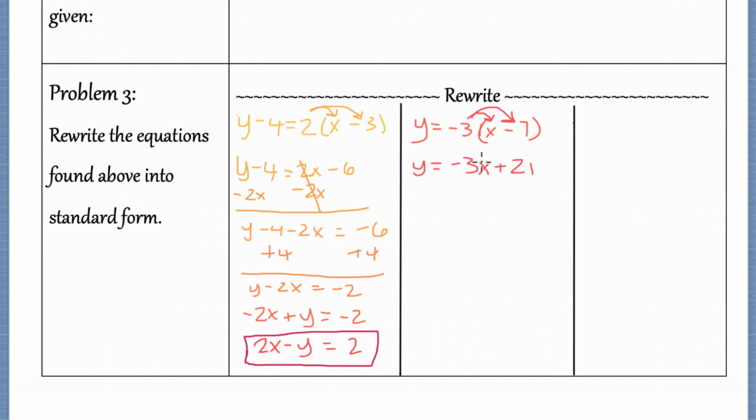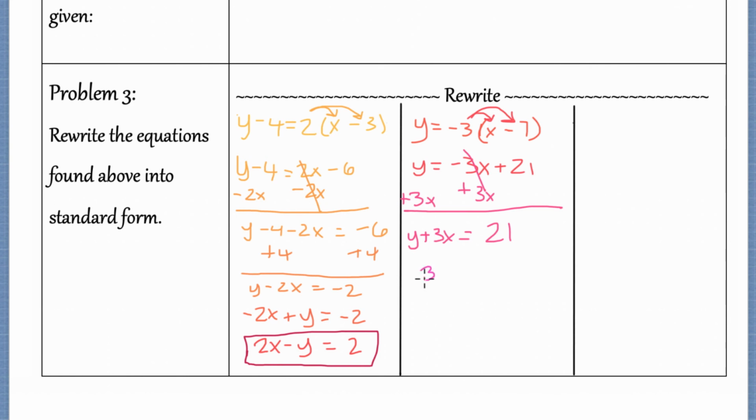Now that we have this, we want to move the x term to the left side. So I'm going to do that by adding 3x to both sides. And that's going to give me y plus 3x is equal to, that's just going to leave me with 21 on the right side. And remember, the x term has to come first.